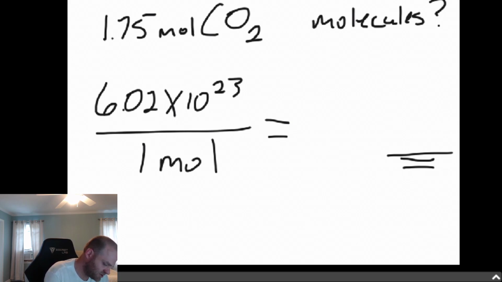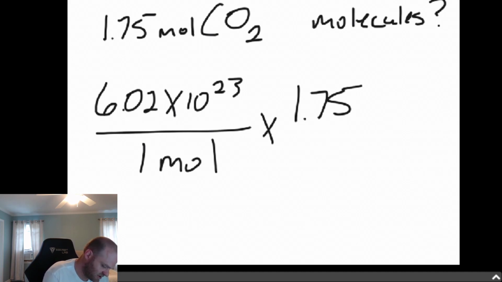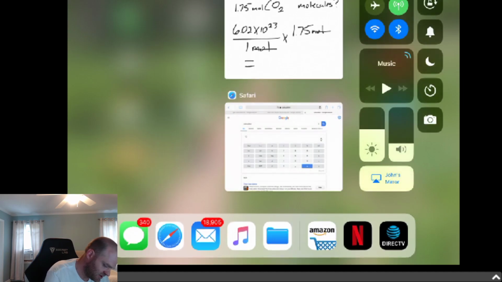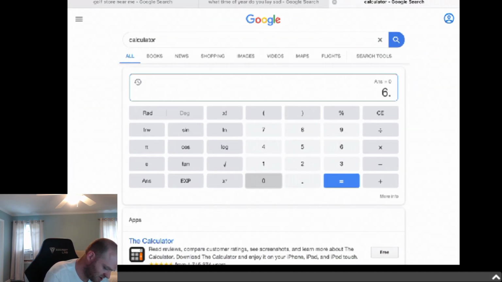So if I want to find this, I can just multiply it times 1.75 moles. My moles will cancel, and I'll just get the unit. I've got a calculator here: 6.02 times 10 power 23 equals, and then times 1.75.